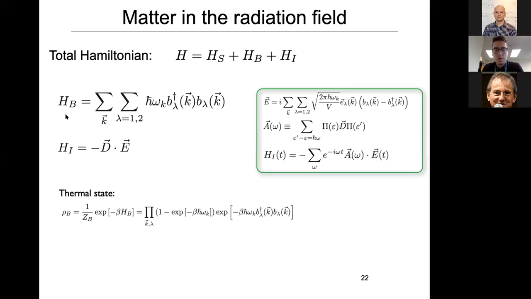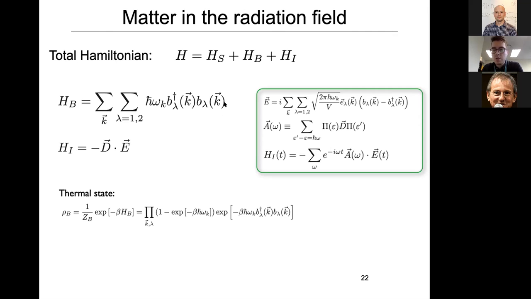Just to expand on that a little bit, this is drawing from the theory of light-matter interactions, so I don't want to delve too much into this. But basically the energy eigenstates of our environment Hamiltonian are the so-called Fock states of the field. These Fock states label the number of photons within each mode of the field, labeled according to the wave vector k and polarization lambda.